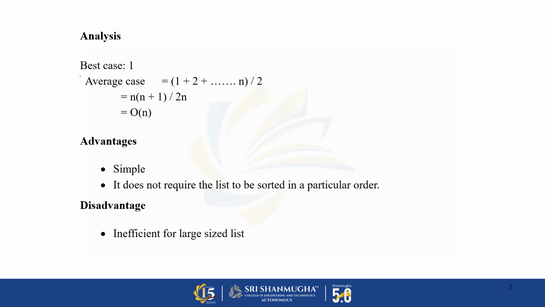Next, the analysis. The best case is 1. The average case is 1 plus 2 plus up to n divided by 2, which is n(n+1) divided by 2n, that is O(n). This is the analysis of linear search.